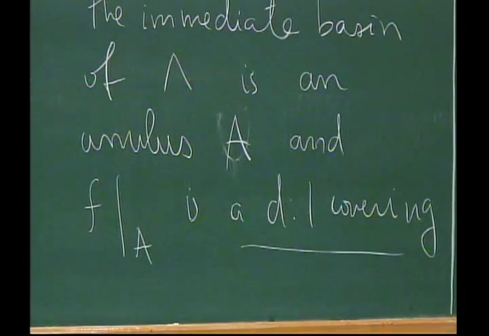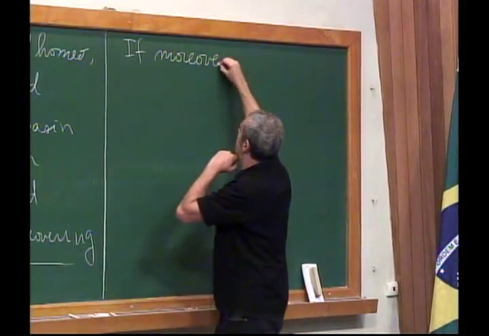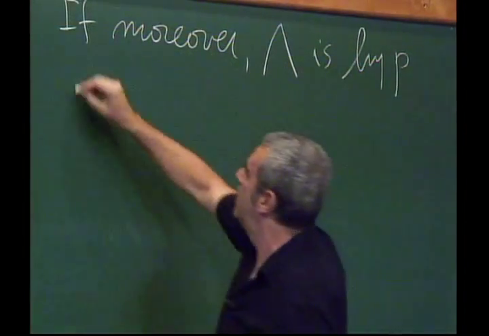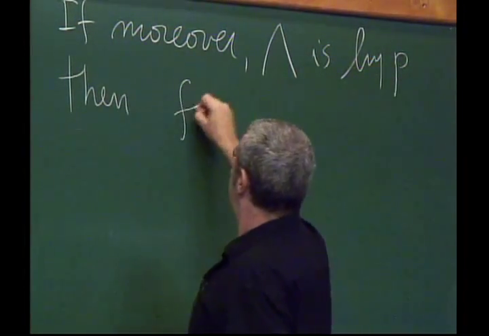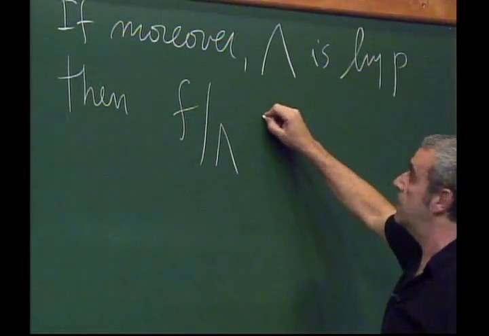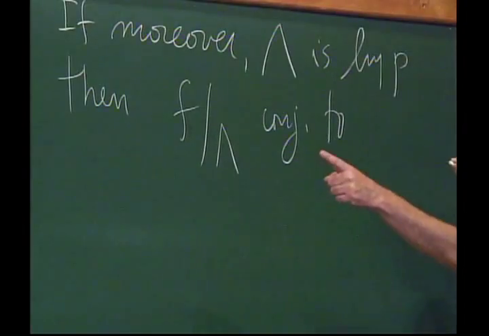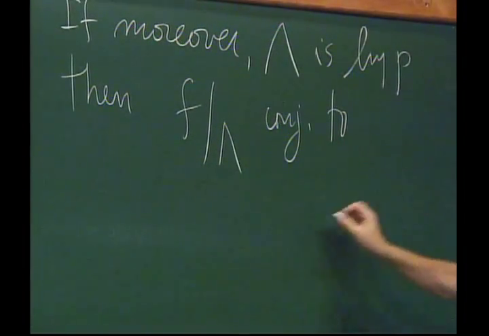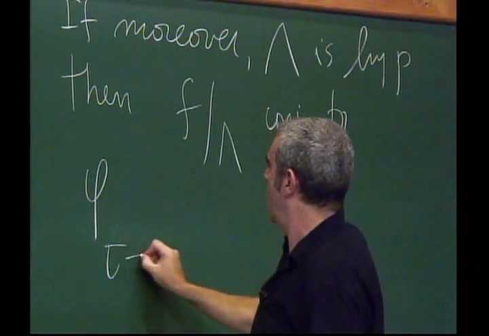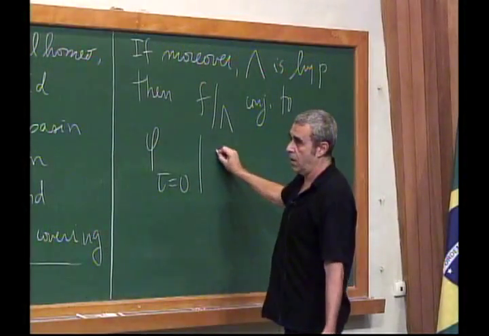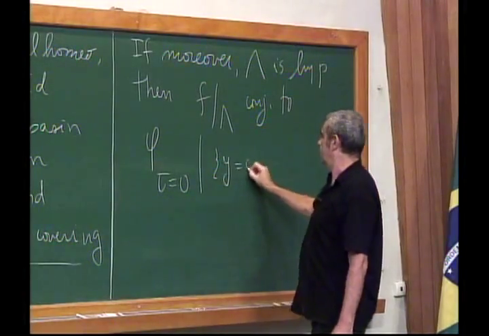So we also prove that if lambda is hyperbolic, then F restricted to lambda is conjugate to phi for tau equal to 0 restricted to y equal to 0.